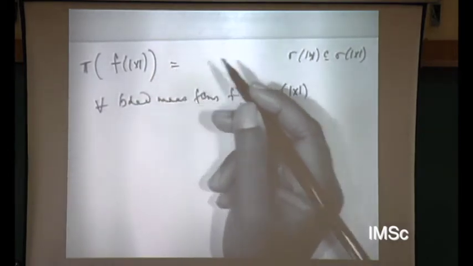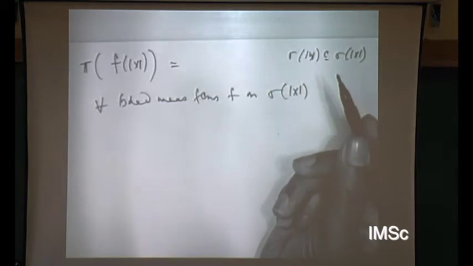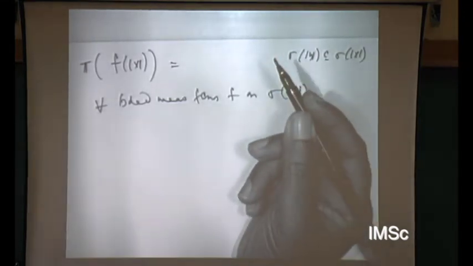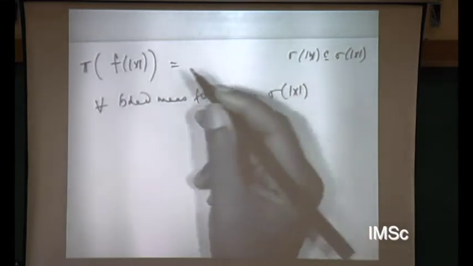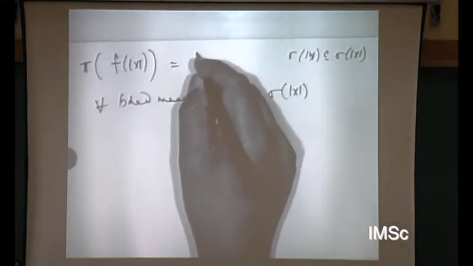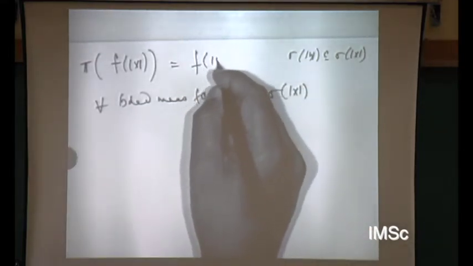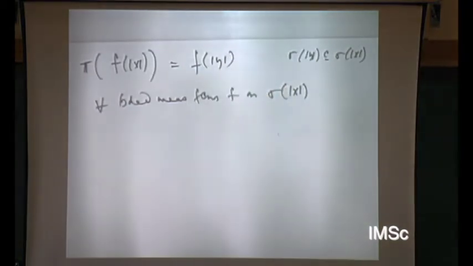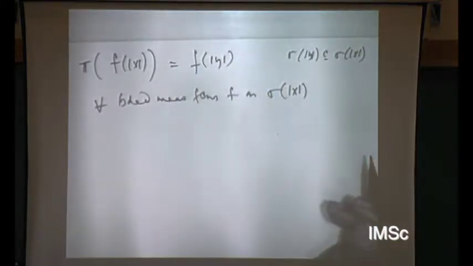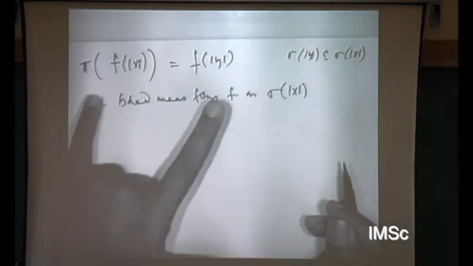What should be the natural answer to be expected? Then it should be the same function of mod y. Pi sends mod x to mod y, so it will send polynomials of mod x to polynomials of mod y. So this is clearly true for all continuous functions.